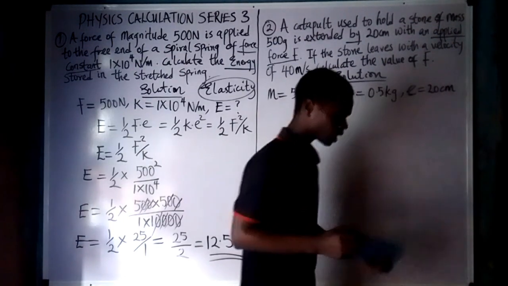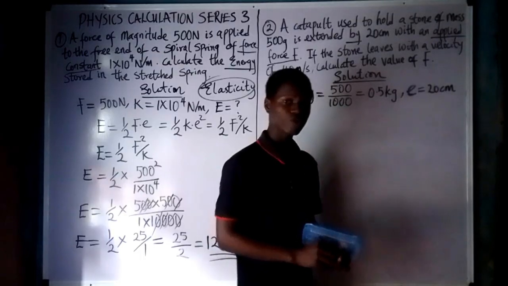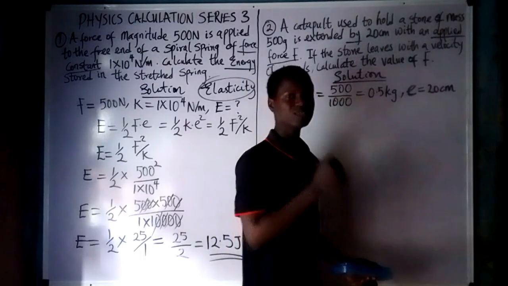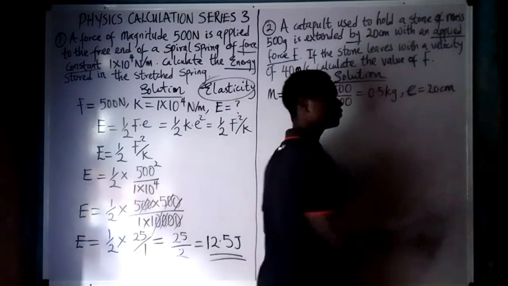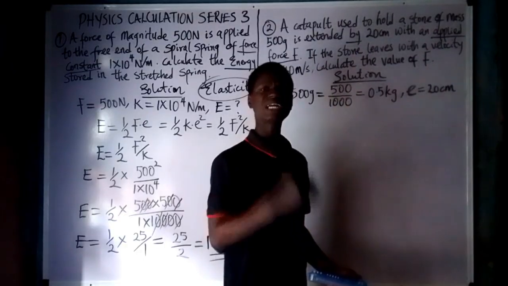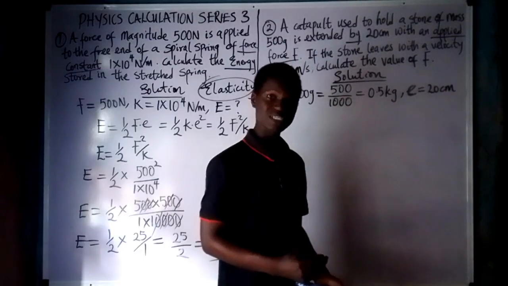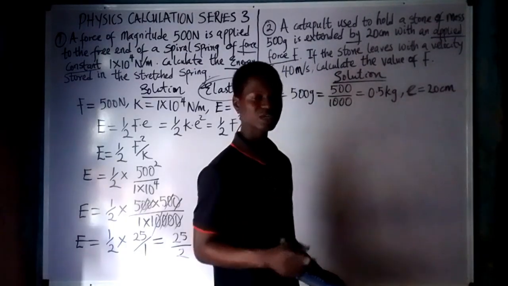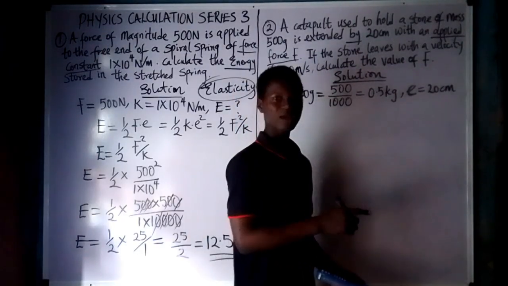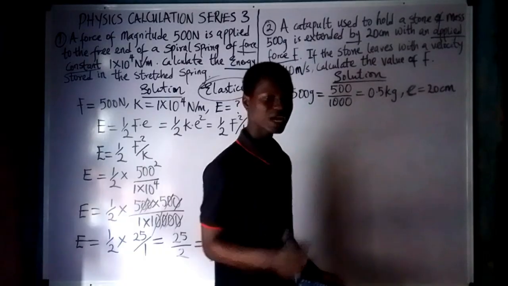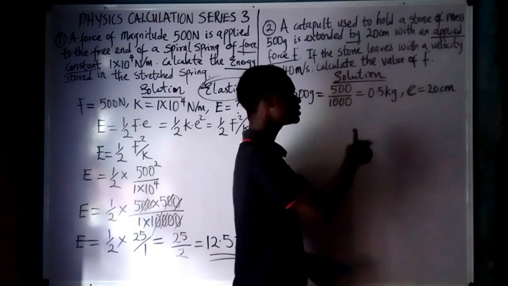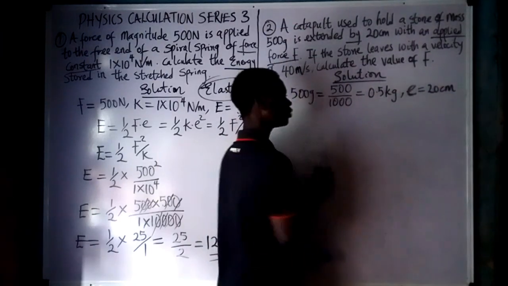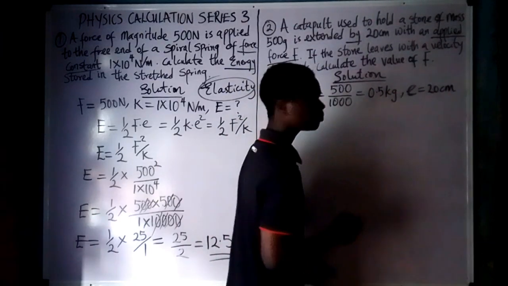Now also check, extension is a form of length, true or false? The answer is true. Now ask yourself, is centimeter the unit this value was given in? Is it the standard unit for length? The answer is no. So the best thing to do in this case is to convert from centimeter to the SI unit for length, and that is meter. And in this case, the way to get that is to divide your given value by 100.